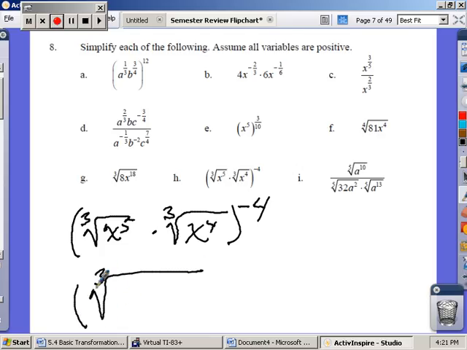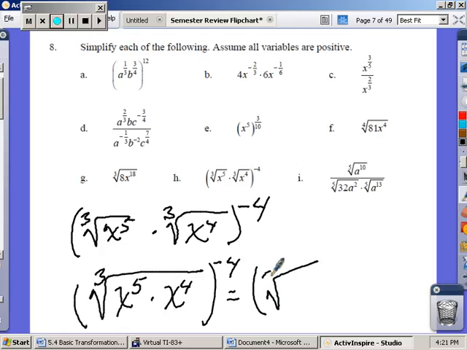The cube root of x to the 5th times x to the 4th. When bases are the same and exponents are different and you're multiplying, add the exponents. So now you have the cube root of x to the 9th, to the negative 4th.